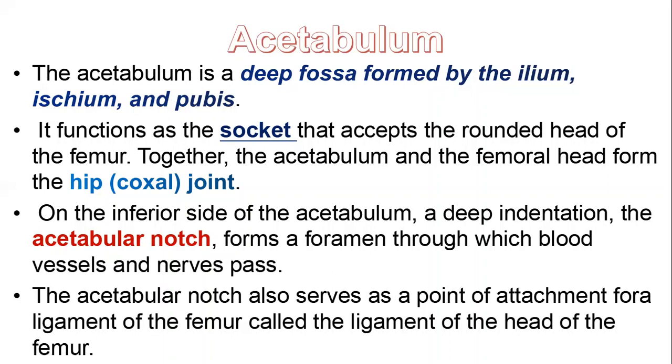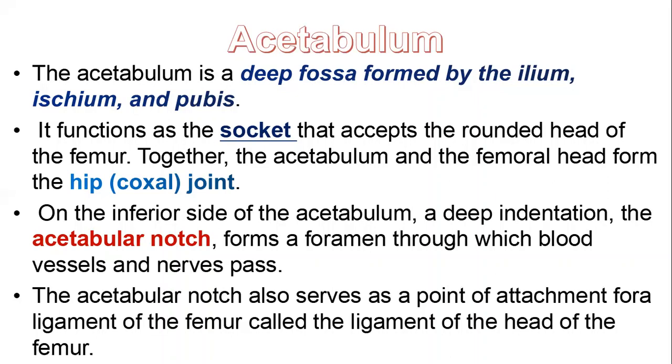On the inferior side of the acetabulum, a deep indentation, which is the acetabular notch, forms a foramen through which blood vessels and nerves pass. So we were able to identify the acetabular fossa from the images I just posted above. The acetabular notch also serves as a point of attachment for a ligament of the femur called the ligament of the head of the femur.